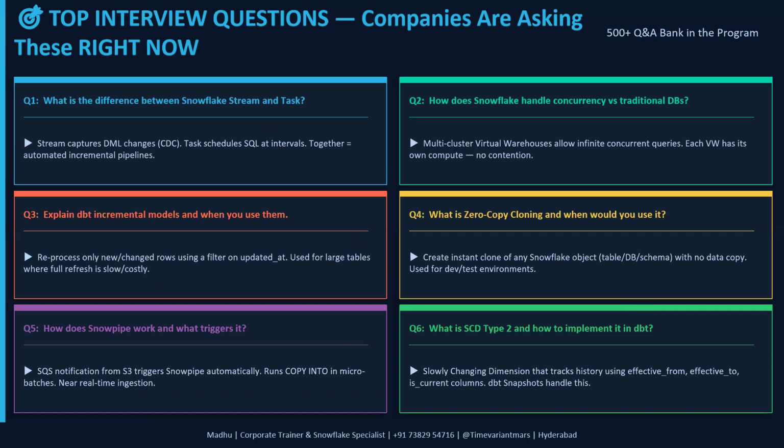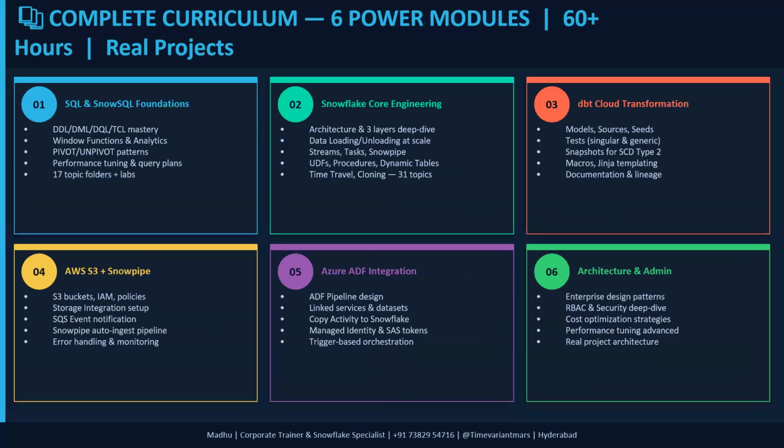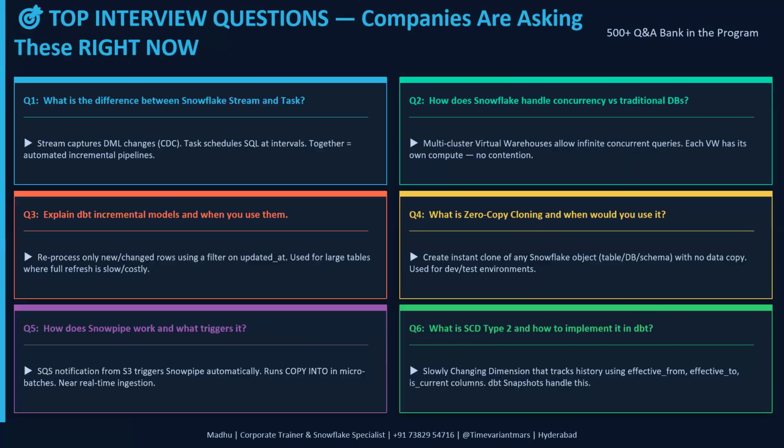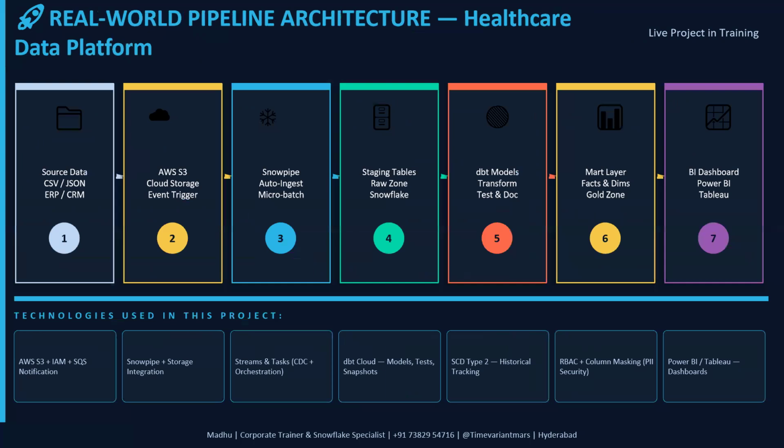Okay, so now this is the moment I have been building towards. I'm going to walk you through a real pipeline, not a toy example, not a tutorial example, an actual healthcare data pipeline that you will build in this program. Follow this pipeline from left to right. Seven stages.